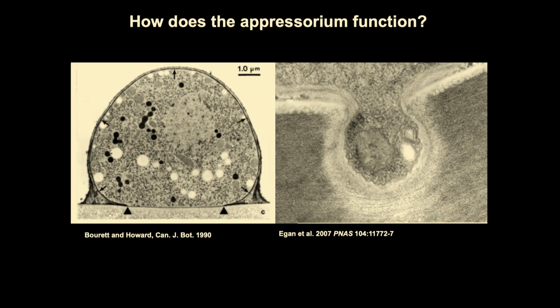What happens then is the appressorium, having developed this enormous turgor pressure, will generate a rigid penetration peg just at this point in the appressorial pore, where there's an absence of the melanin layer. There's a very thin cell wall layer in contact with the rice leaf surface. And then what you see at the base of the appressorium is this severe membrane curvature generation, and then formation of this rigid penetration hypha, which will rupture the cuticle.